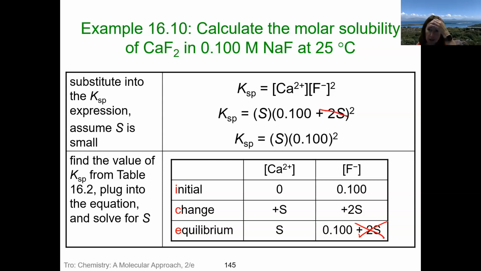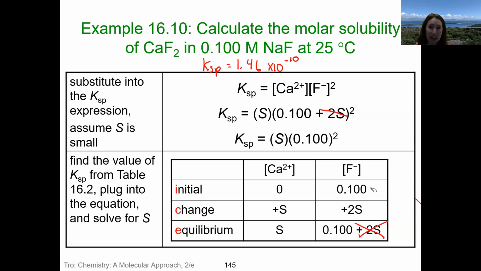So it's just S times 0.1 squared. Our KSP, I have it on the next slide. Our KSP is 1.46 times 10 to the negative 10th. Because of the difference here, 0.1 versus 10 to the negative 10, the difference is 10 to the 9th.